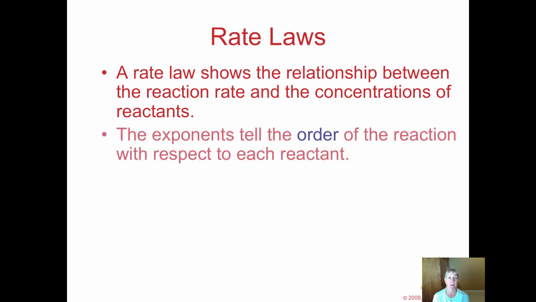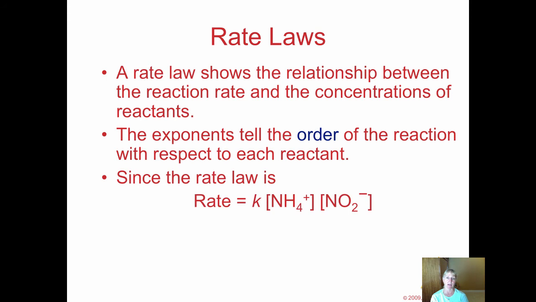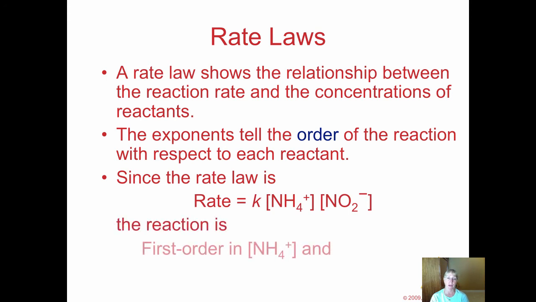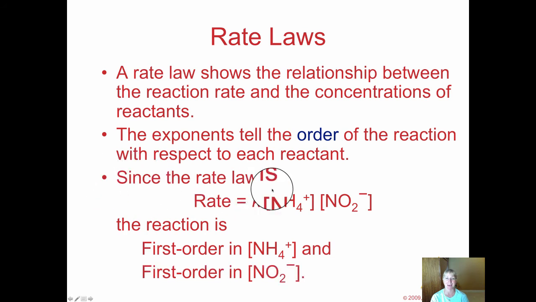Now let's talk about what that means. The exponents that you would have to the upper right of the concentration values tell you the order of the reaction with respect to each reactant. Since our rate law looks like this, see how there's unwritten powers of 1 up here?